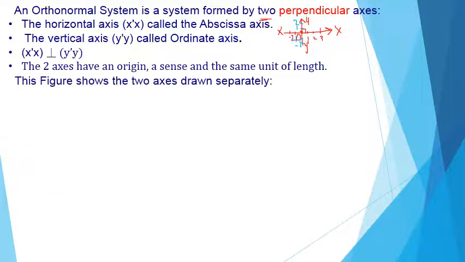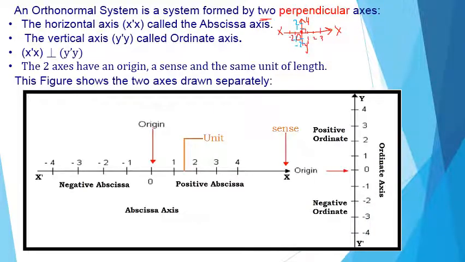Here in the following figure I show you the two axes drawn separately. Here is the x-axis, the origin O. It's where we start numbering. Everything to the right of the origin O, here 1, 2, 3, 4, and everything to the left of the origin O is negative, has a negative sign, -1, -2, -3, -4.